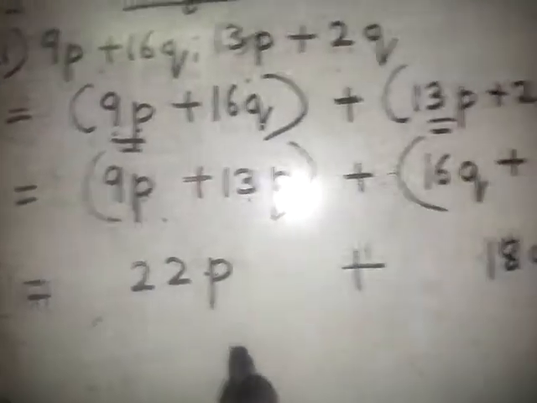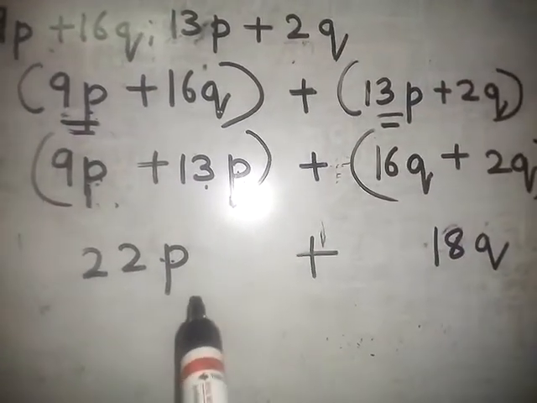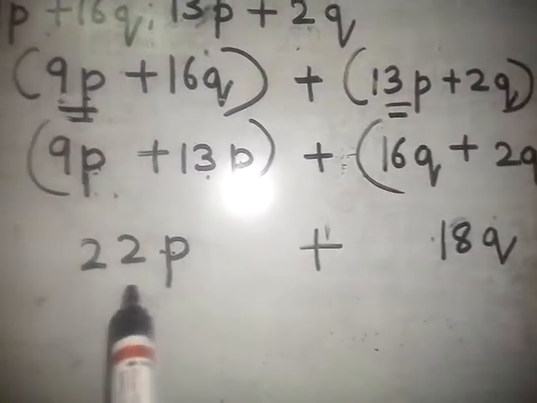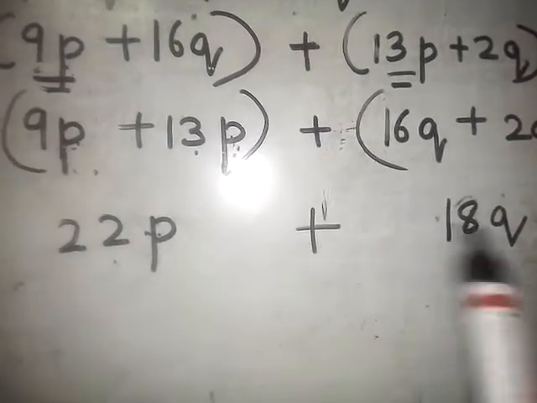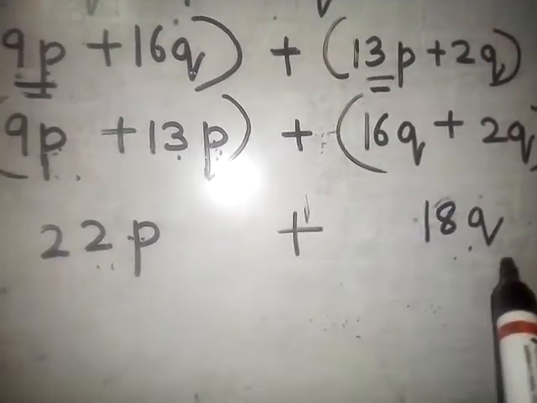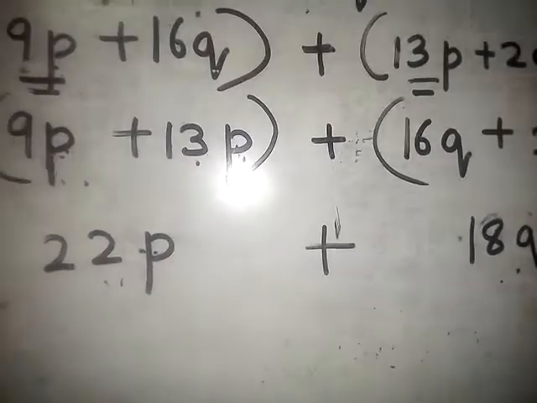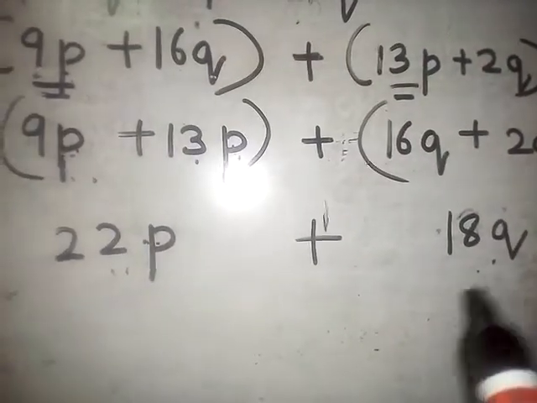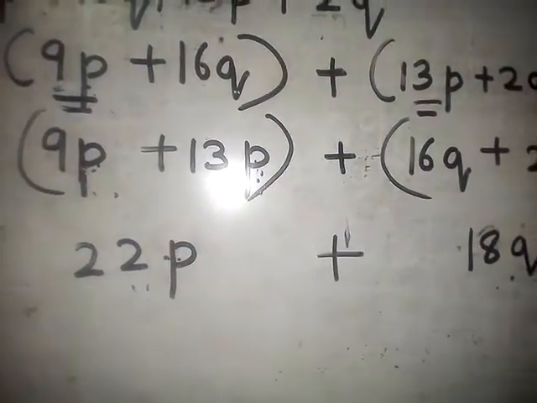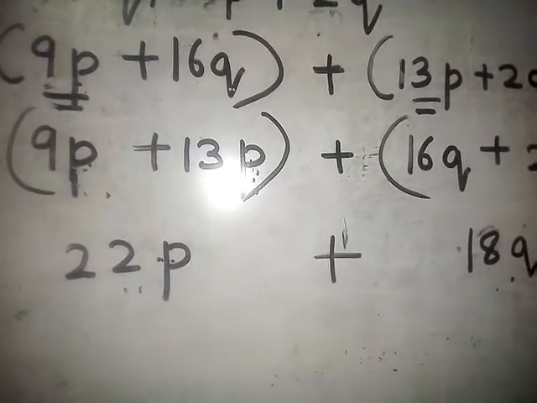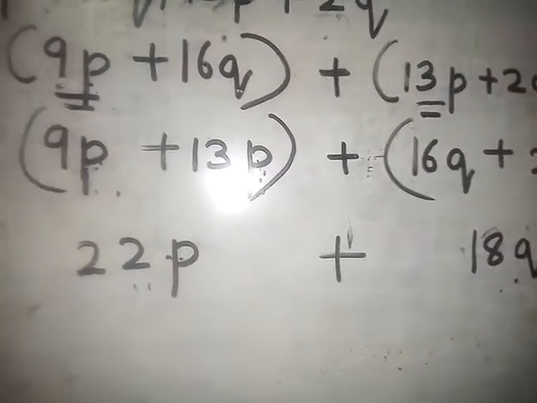Now finally you got this answer, 22p plus 18q. You have different variables and these are unlike terms. Unlike terms cannot be added. Only like terms can be added. Remember this. Like terms are variables which are same, and only their numbers can be added.